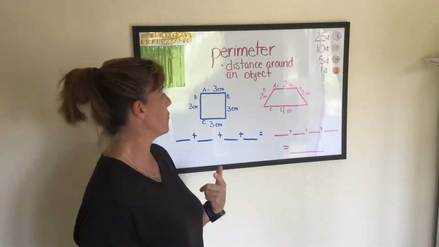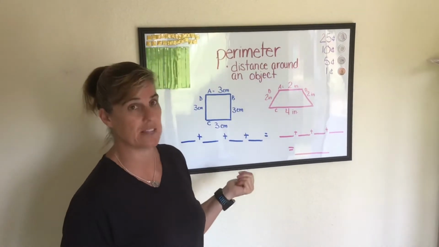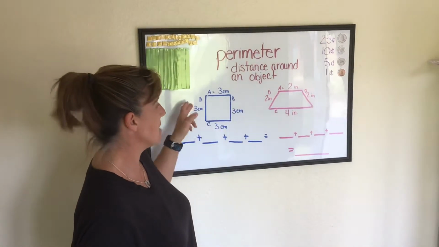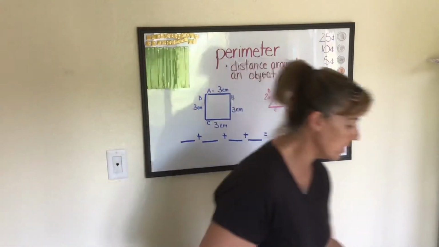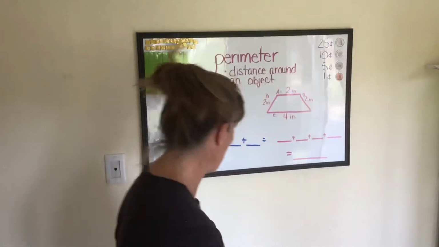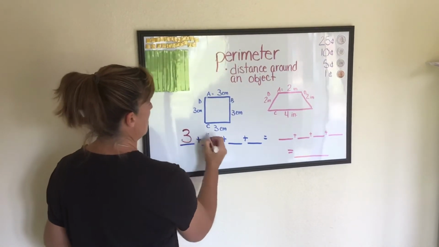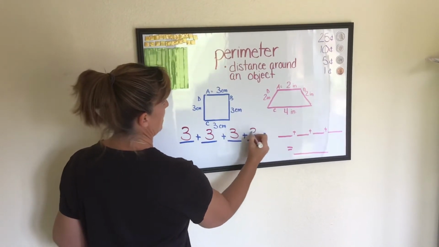So let's take a look first at this square. Each side is 3 centimeters long. So you have side A, B, C, and D. So you take the distance around it, add them all together, and that will give you the perimeter. So each side is 3 plus 3 plus 3 plus 3.